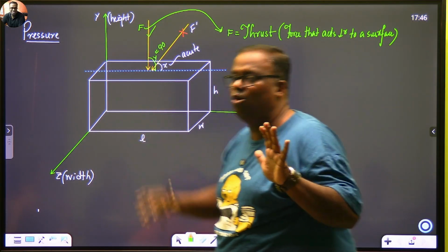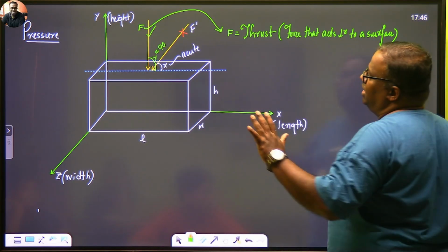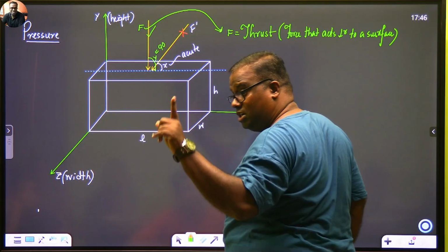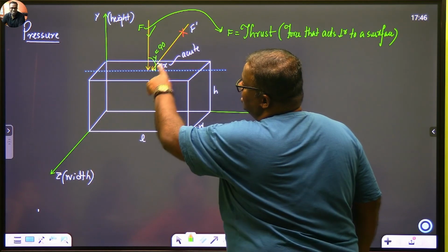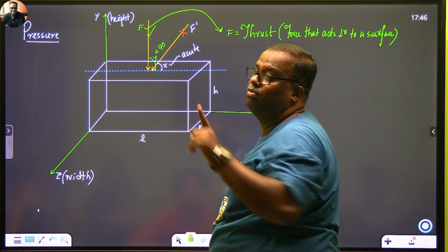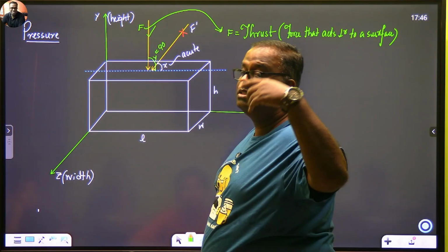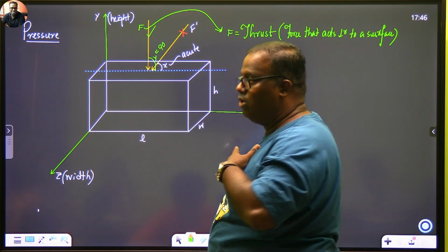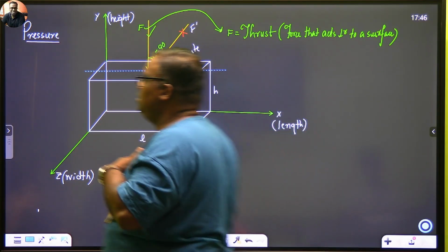In order to compute that, we need a force and we need the surface area. The force should be acting perpendicular to the surface, and the surface area should be the area of the face on which the force is acting, right? So it's not just any force, it's the perpendicular force.